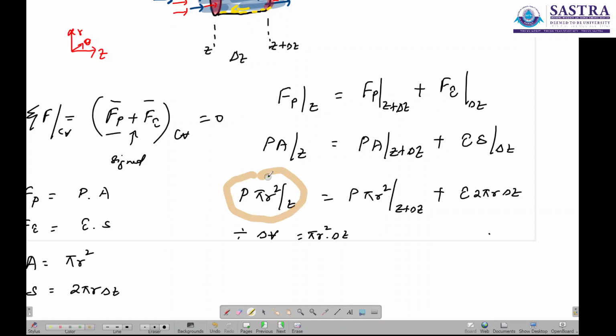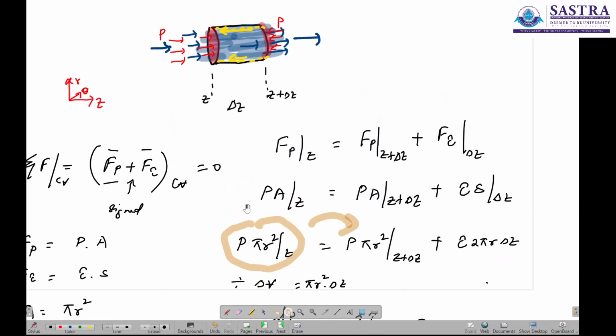If we divide by the volume of this control volume element and rearrange, you end up with a differential equation which is dp by dz plus 2 tau by r equal to 0. This involves the assumption, based on this control volume, that the value of r at z and the value of r at z plus delta z are essentially the same, because now you are shrinking it.